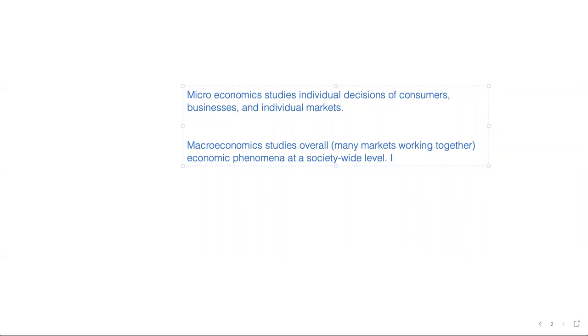So, for example, e.g., inflation, unemployment, economic growth.